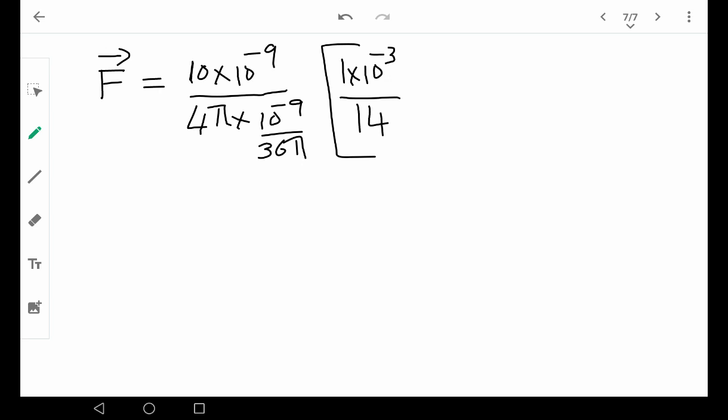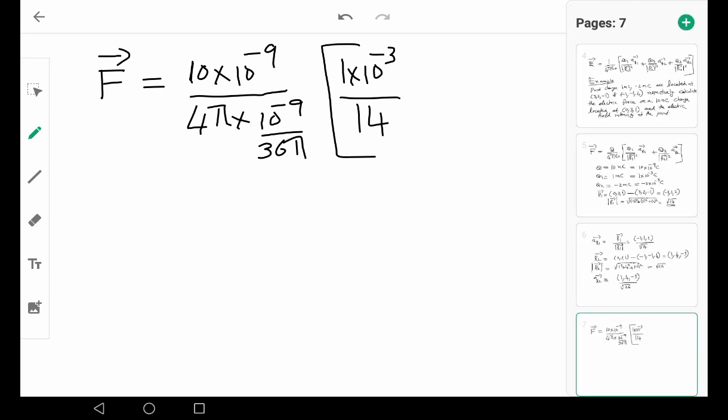Then aR1, which is (−3, 1, 2) divided by square root of 14.